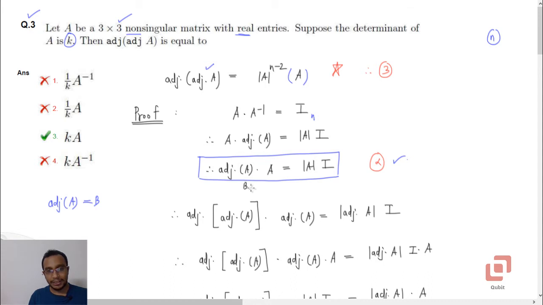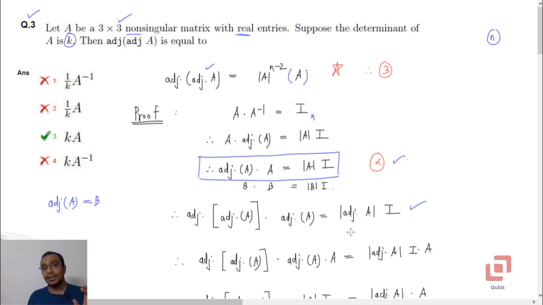I can write adjoint of B into B equal to determinant of B into I, and that's exactly what I have done in the next step. I have replaced A by adjoint of A. So we have got adjoint of adjoint of A into adjoint of A equal to determinant of adjoint of A into I. You can pause the video and reflect on this step, because the next step is going to be the crucial one.